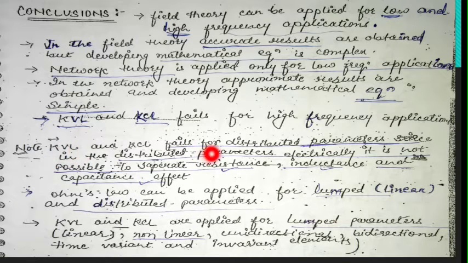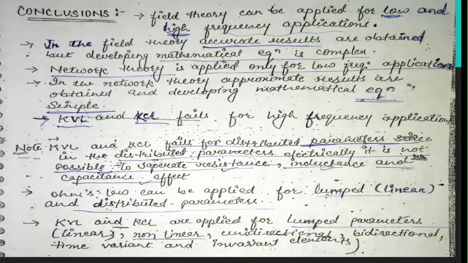So KVL and KCL fail for distributed parameters. In distributed parameters, electrically it is not possible to separate resistance, inductance and capacitance. So we have already seen the distributed network and lumped network. So in the case of transmission lines, long and medium transmission lines, there are distributed parameters.